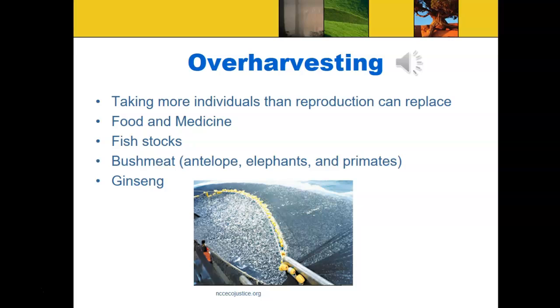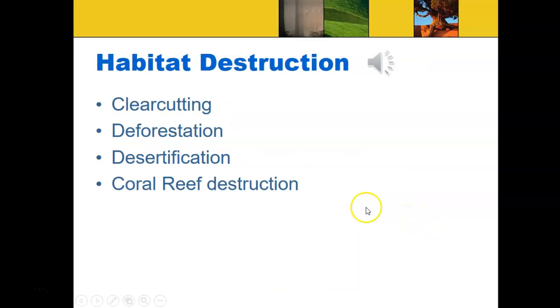There are a lot of rules and regulations in different parts of the world in order to prohibit the killing of these types of organisms in order to prevent overkilling. Ginseng is another one that is really commonly overharvested. We're taking more from the environment. For instance, we're taking more fish, we're taking more ginseng than they can repopulate, and thus risking the chance of them becoming endangered as well.